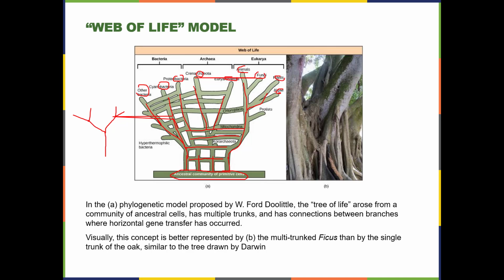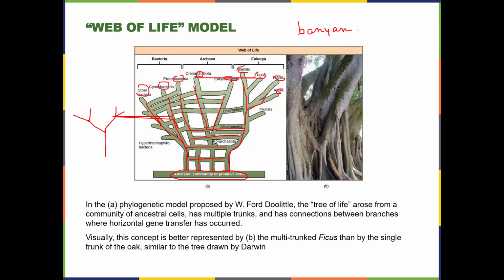So at the base of the evolutionary tree, it's probably not so nice and neat the way we usually draw it. It's probably more messy, like this banyan tree or ficus tree. The word I'm saying is banyan. I don't know if you know what that is.